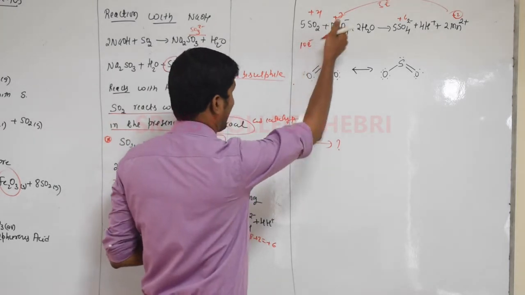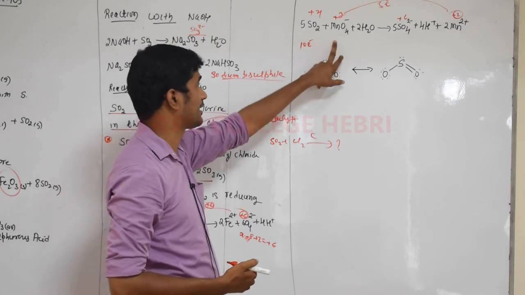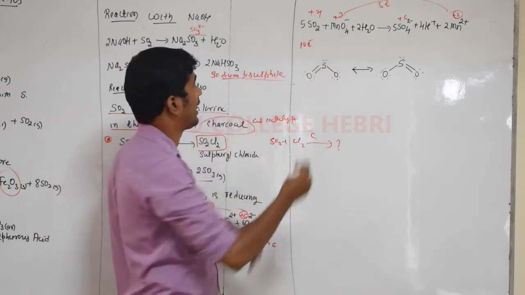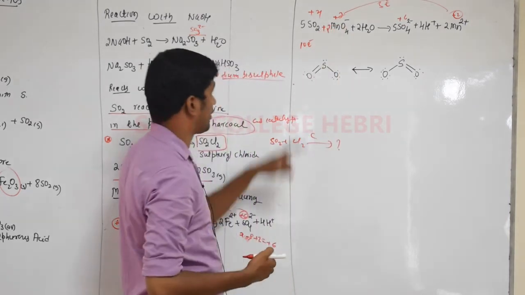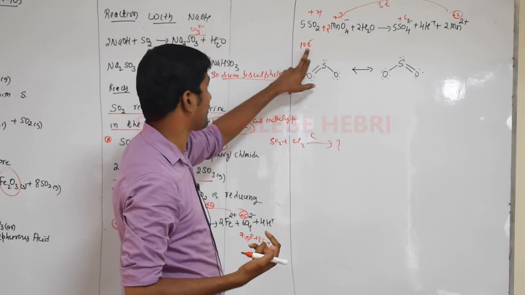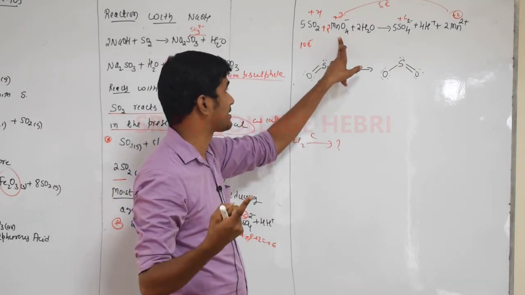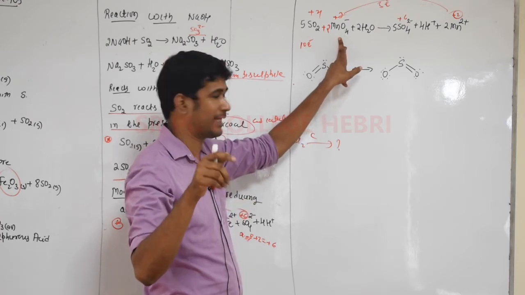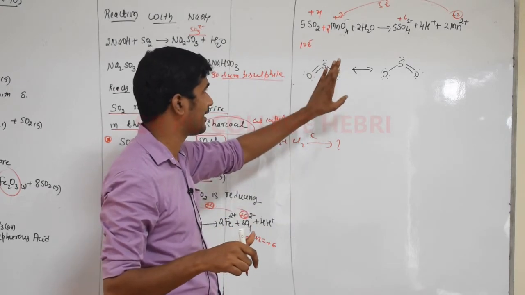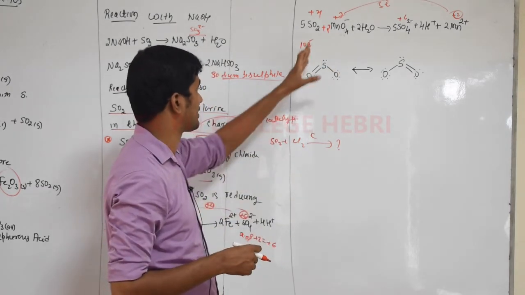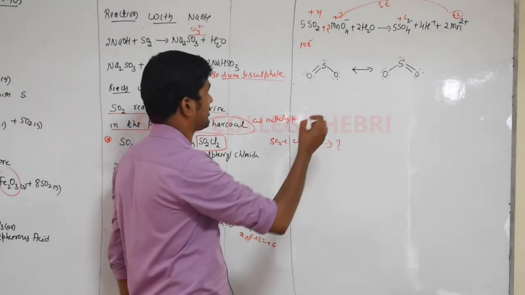If I produce 10 electrons, then it balances. So MnO4 minus goes to Mn2 plus. So the 10 electrons from sulfur dioxide will be gained by 2 MnO4 minus, because 1 MnO4 minus requires 5 electrons. So like this you can balance the equation. Is it clear? Yes.